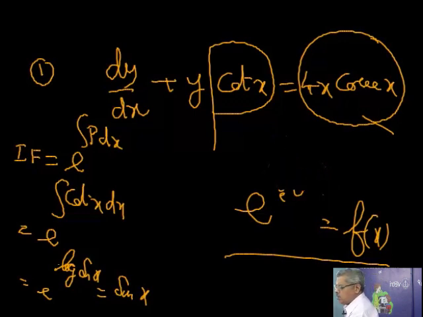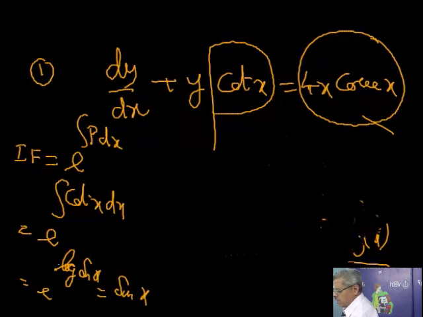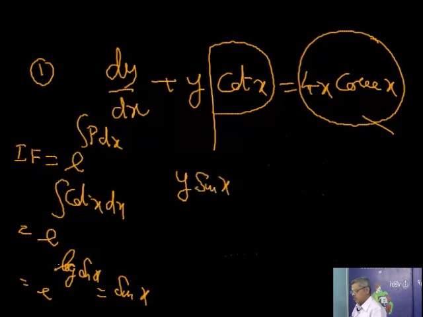Now, once you know the integrating factor, I am writing the solution directly. That is, y into e power integral p dx, that is y sin x. If you want, you can write down the formula and substitute.